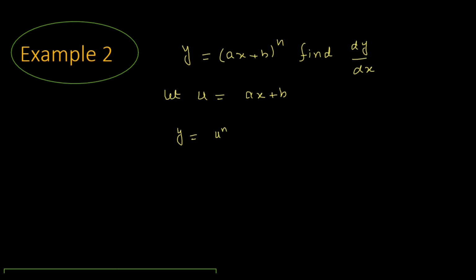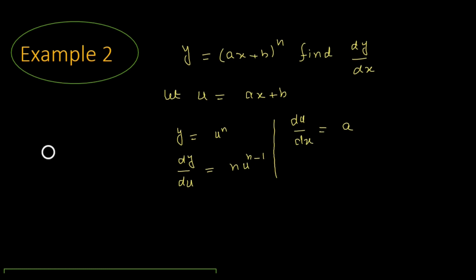Differentiating with respect to u, dy by du is equal to n u raised to the power n minus 1. In a similar way, taking the derivative of u with respect to x, du over dx: the derivative of ax is a, and the derivative of b is 0, of course.